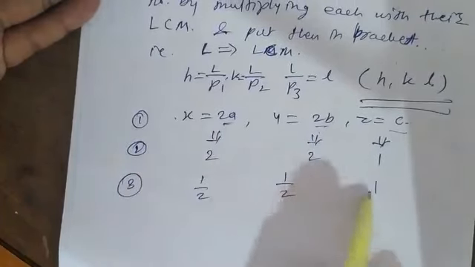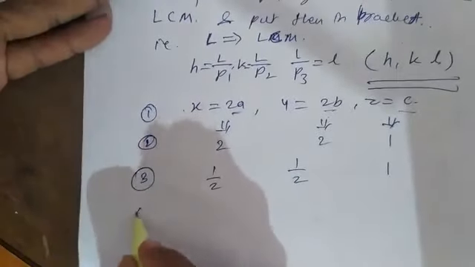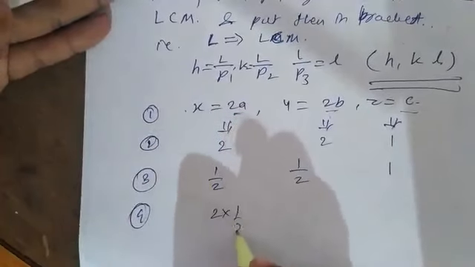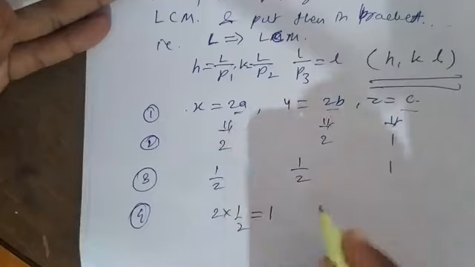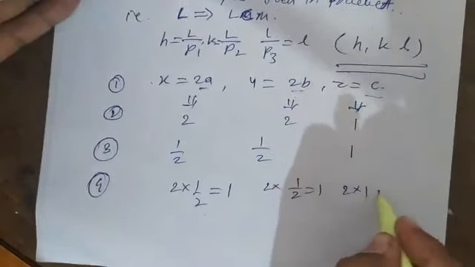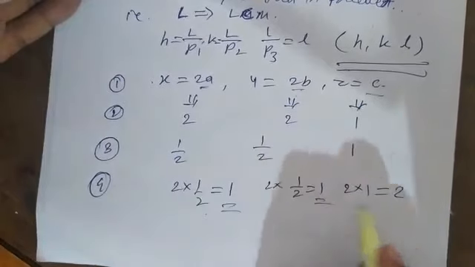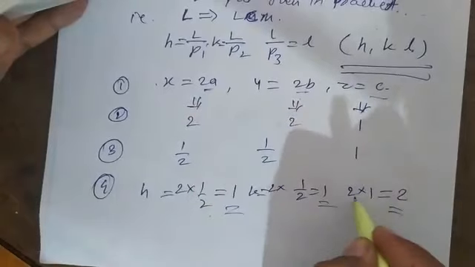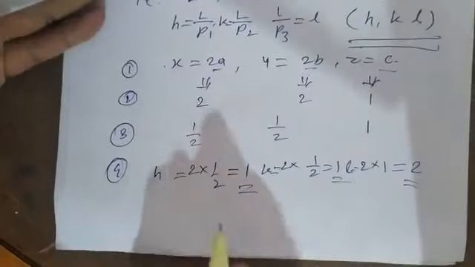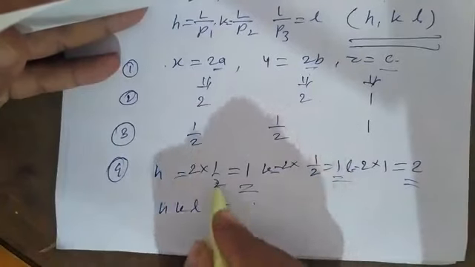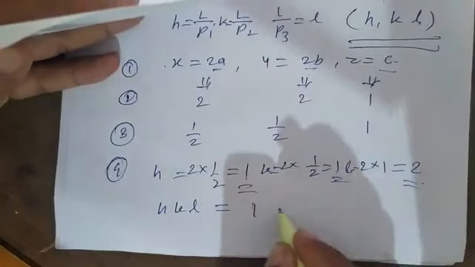If we multiply by 2, the least common multiple, we get whole numbers: 2 into 1 by 2 equals 1, 2 into 1 by 2 equals 1, and 2 into 1 equals 2. These are represented by H, K, L. Therefore we get the H, K, L parameters as 1, 1, 2.